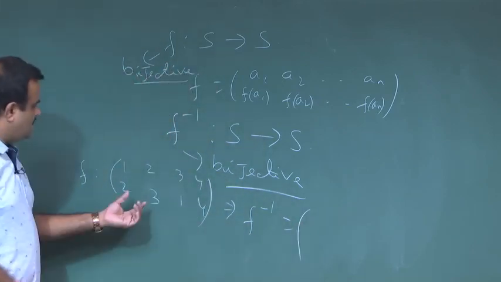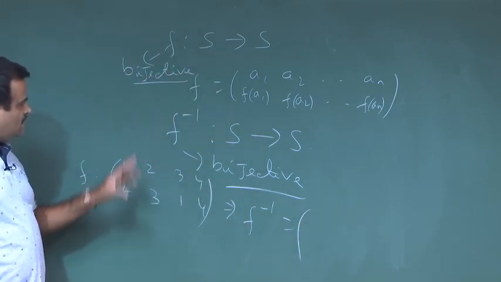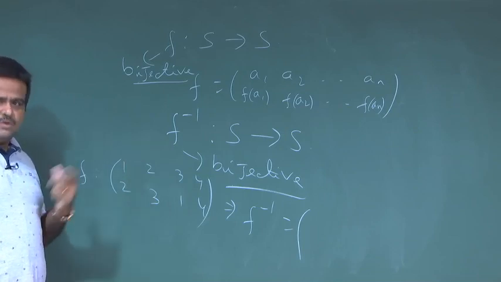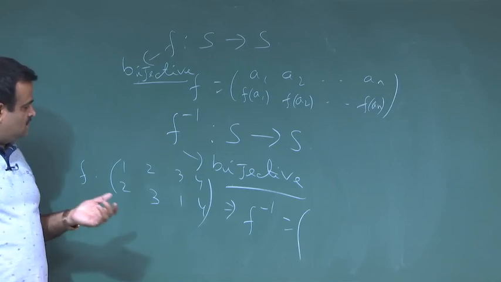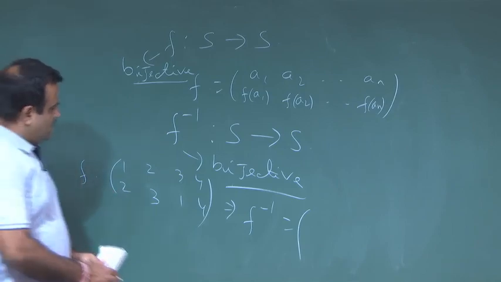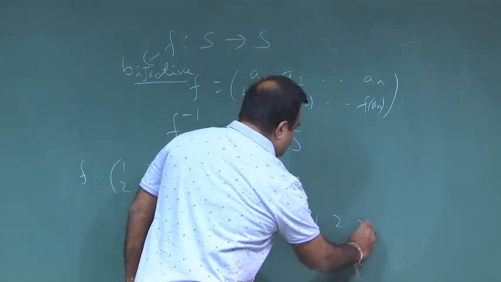F inverse goes from this to this. If we apply f composed with f inverse, a permutation is basically a composition of two functions. So f inverse is on 1, 2, 3, 4.